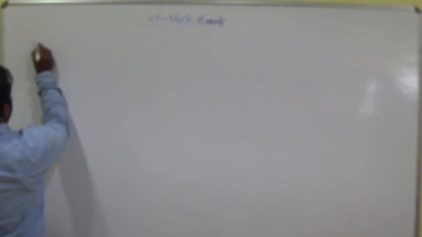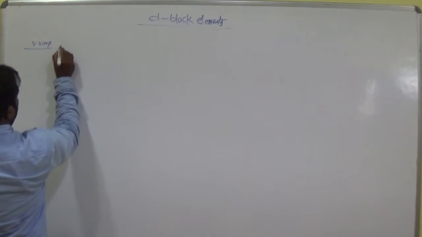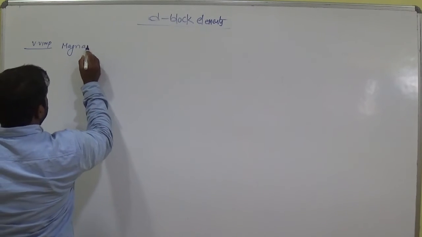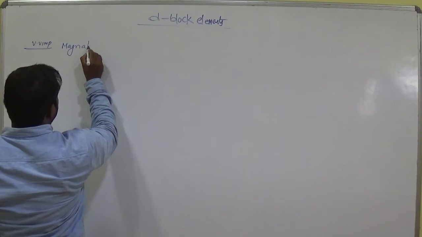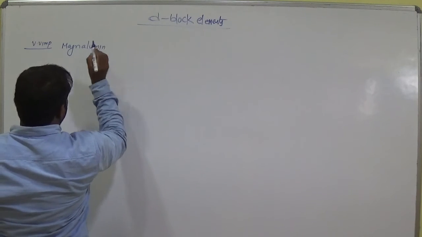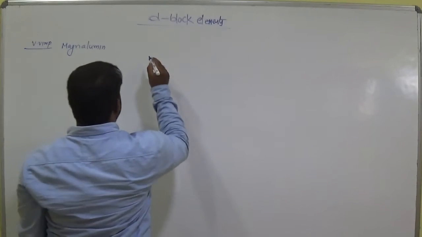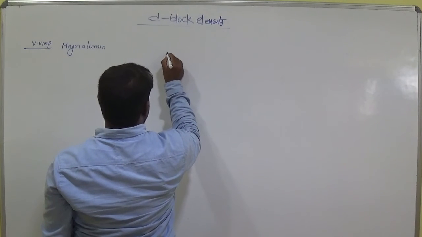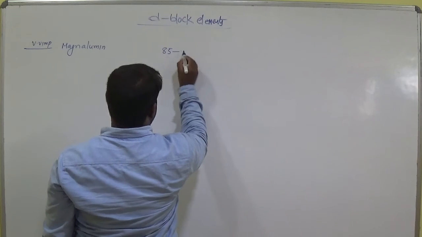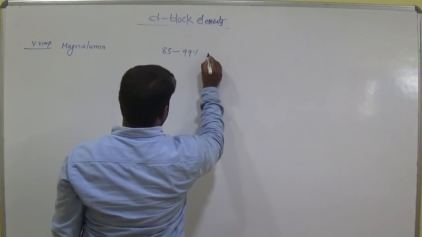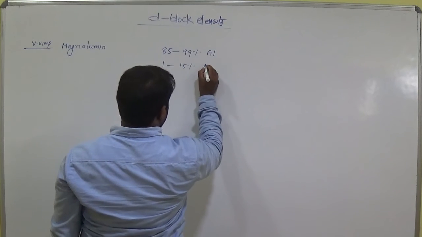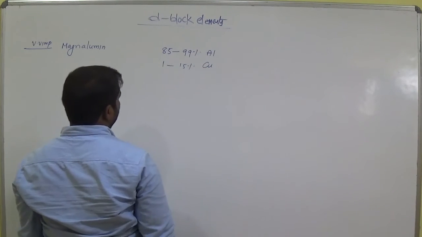And the next important one, magnalumin, which consists of 85% to 99% of aluminium and 1 to 15% of copper.